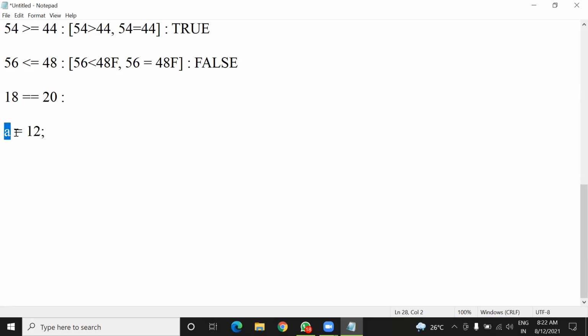Whatever value is on the RHS will be assigned to the LHS variable. That is why we cannot use single equals to as an equality operator, because both operations are totally different.